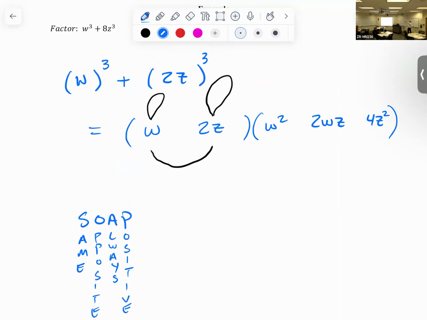Okay, so notice what we started with, that was positive, so same sign, positive. Opposite sign. Last sign, always positive. And we have factored a cubic down, all right, using the bunny face and SOAP.